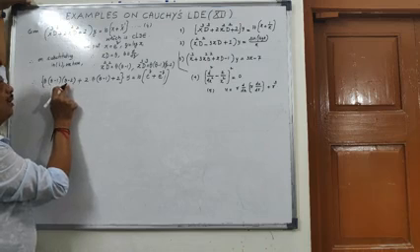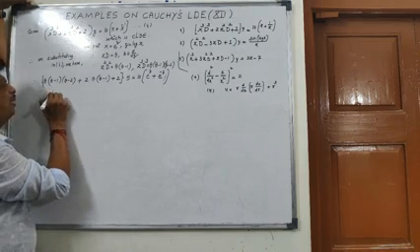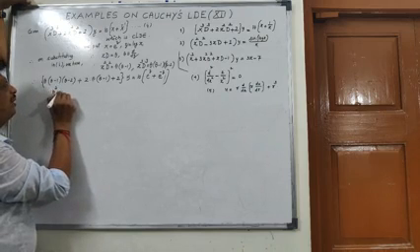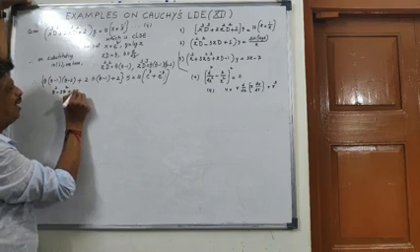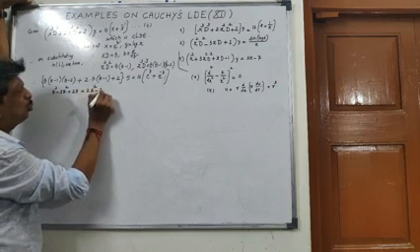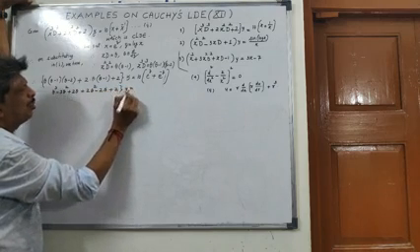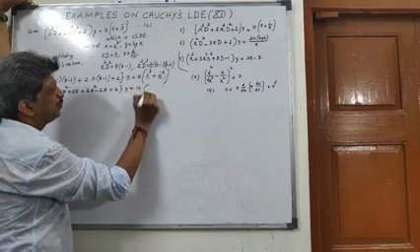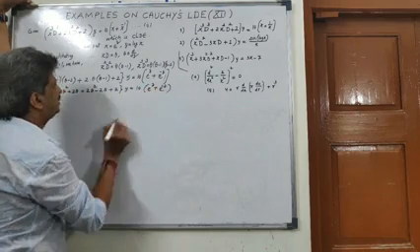This is theta square minus 3 theta plus 2 into theta, so theta cube minus 3 theta square plus 2 theta, plus 2 theta square minus 2 theta plus 2, operating on y is equal to 10 times (e raised to power z plus e raised to power minus z).